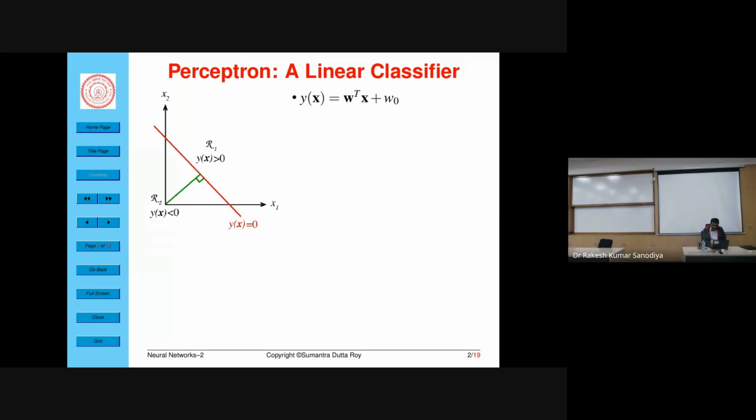This is in its implicit form, just as we learned in high school, the implicit form of the equation of a line. If my two variables are x and y, it is f of x comma y equal to 0. That gives me the equation of the line that partitions the space into two parts. In one of them, that function of the input variables will be greater than 0. In the other one, it will be less than 0.